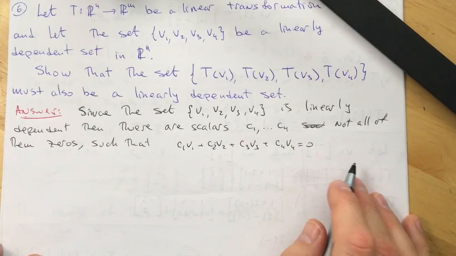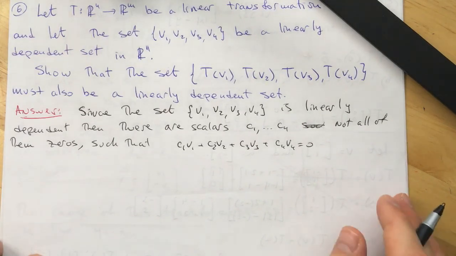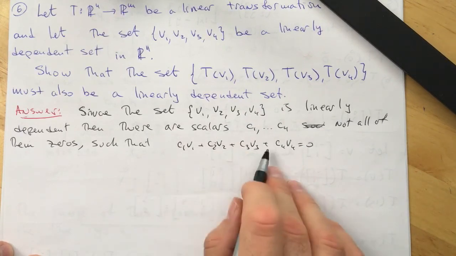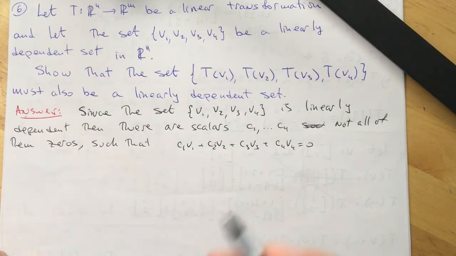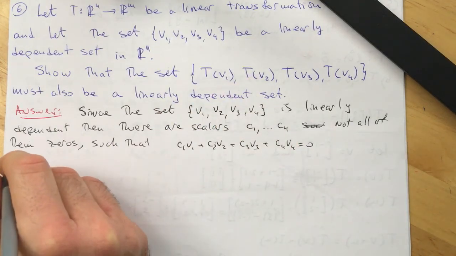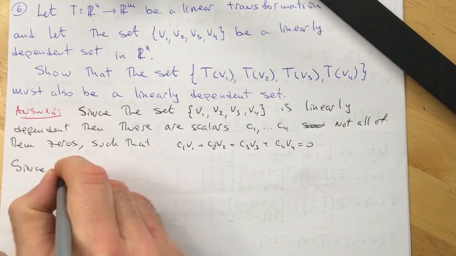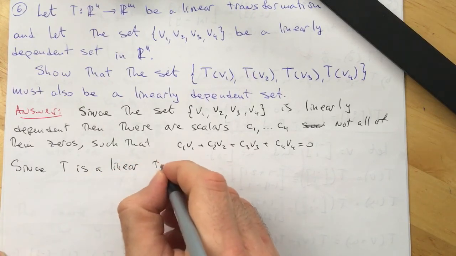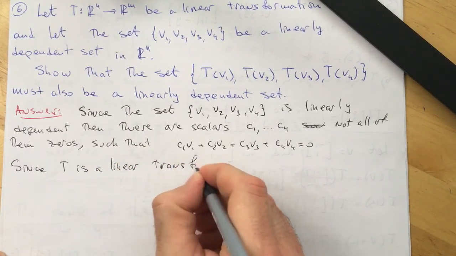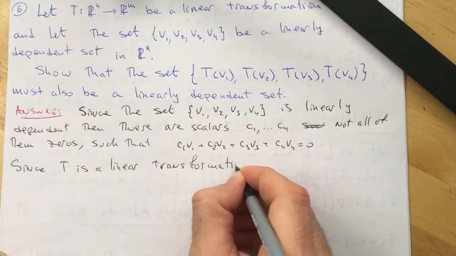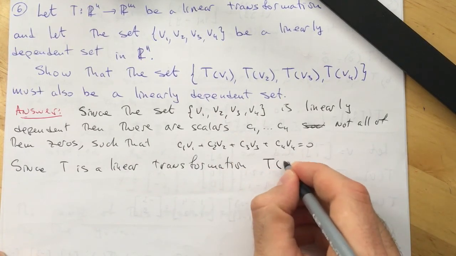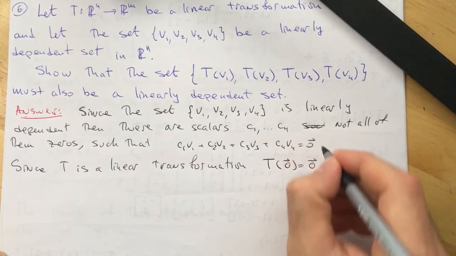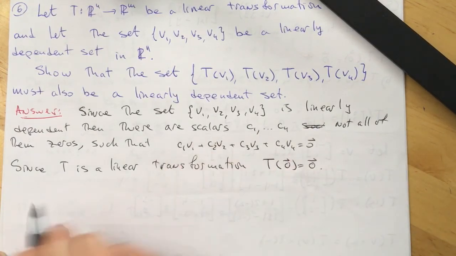Okay? Now let us apply the transformation to this 0 vector. So we know, because T is a linear transformation, T of the 0 vector gives you the 0 vector, okay? But the 0 vector is the sum of these vectors here.